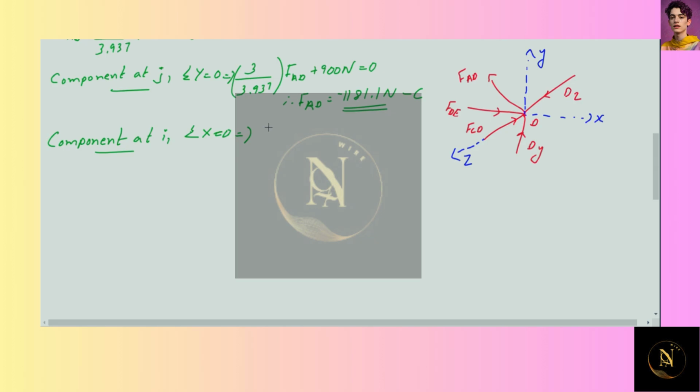That gives you minus 1.2 divided by 3.937 times FAD minus FDE equal to 0. So substitute the value of FAD from here in this equation.